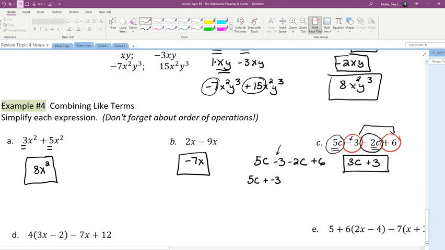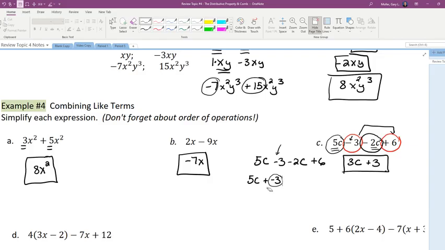So when I say this is negative 3, I'm basically shorthand doing what we just did. I'm treating all of them as if it's addition, and I'm just seeing that this is really 5c plus a negative 3 without writing it down. So shorthand, if you're going to do something with the 3, you can visualize it as a negative 3, and so like that.